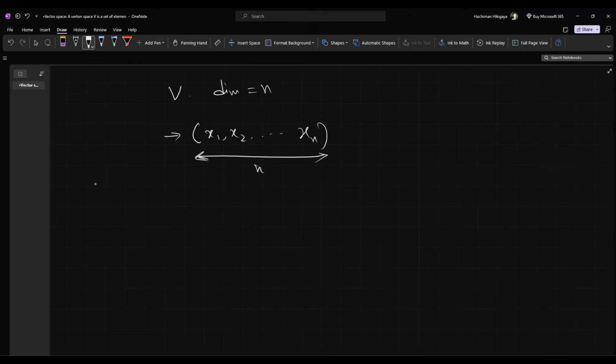Basically a linear combination of them will produce all other elements of the vector space. So such a list is called a basis.